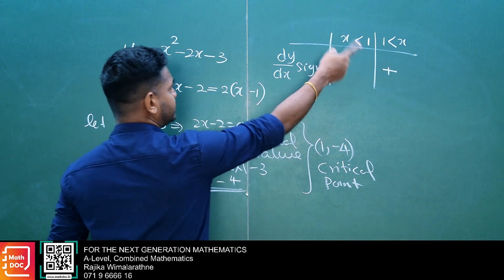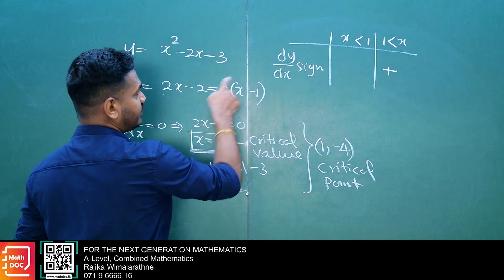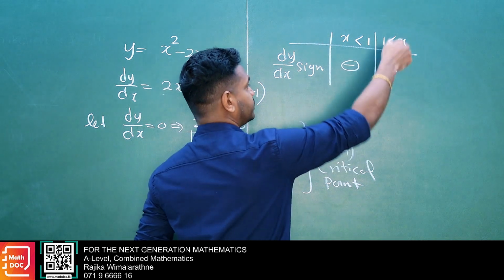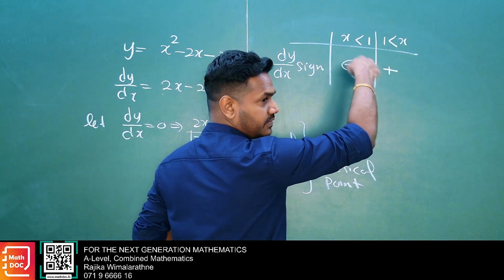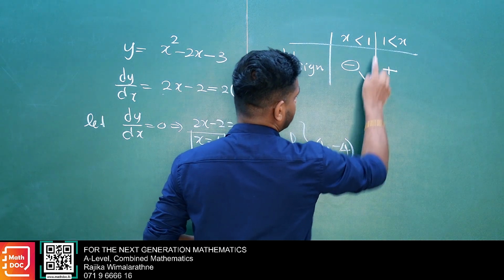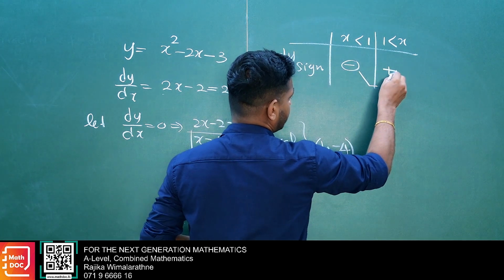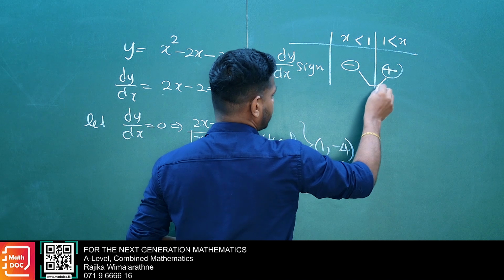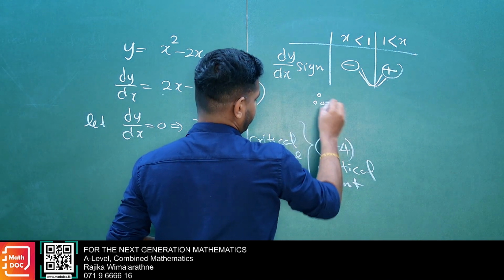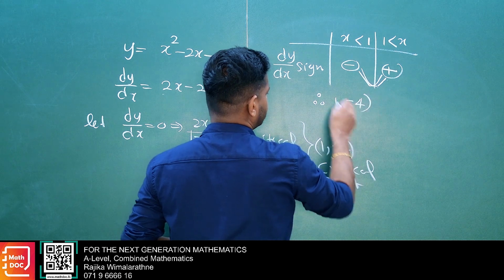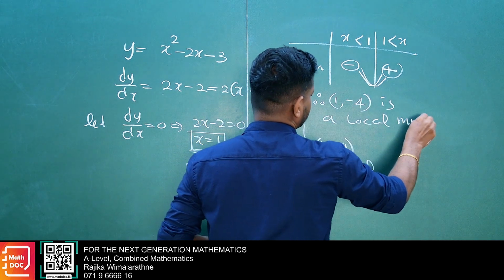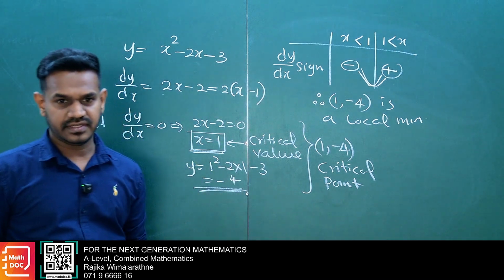And here less than 1 value, dy by dx negative. Then negative to positive variation we say minimum. Here negative, at 1, 0, here positive. Then here local minimum. Therefore, 1 comma minus 4 is a local minimum. That's how we identify.